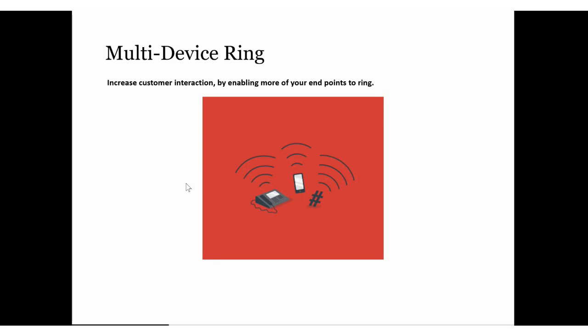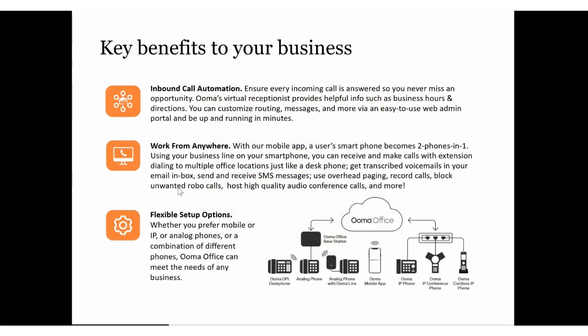Before I get into the deeper dives of both of those features, just a quick recap of some of the other key benefits that hopefully you're already seeing and have set up through some of the features. The inbound call automation feature is essentially the virtual receptionist.